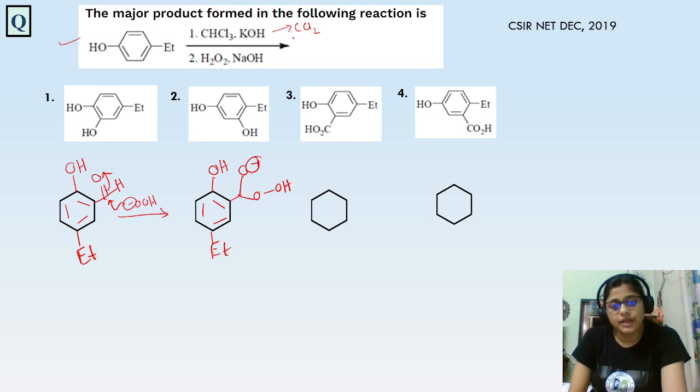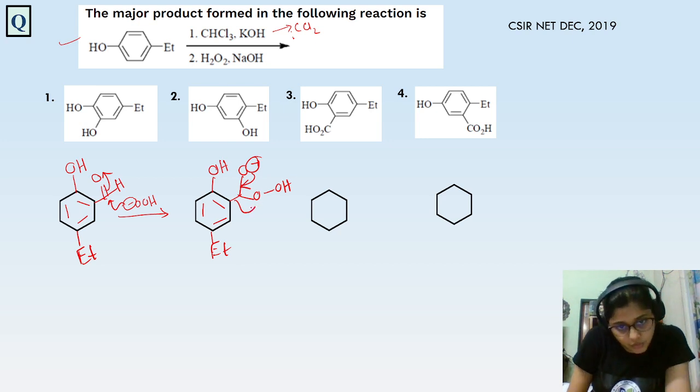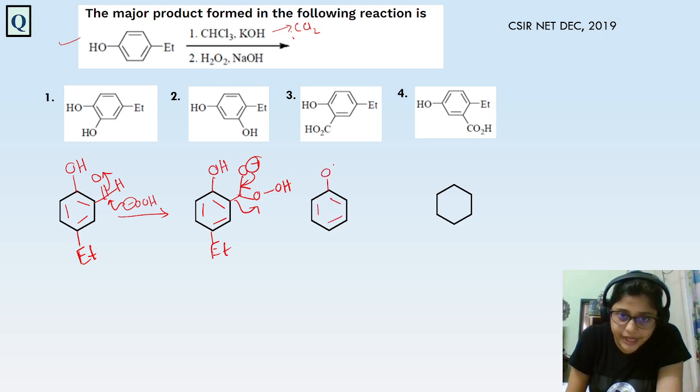Now there will be one rearrangement. This will go to this, and this will go to this oxygen. So it will be OH and O. This is joining with O, and it will be removed.